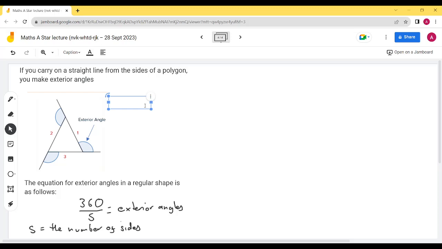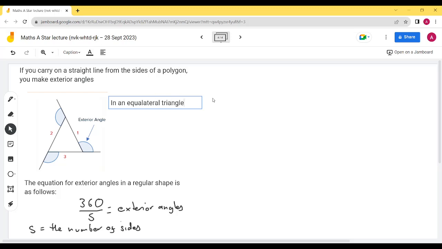All right, so for example here above, we've got a triangle, and we've got to assume it's an equilateral triangle. An equilateral triangle means all sides are the same, hence the word.